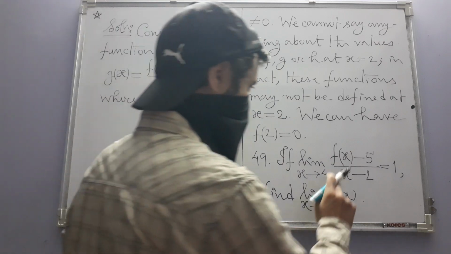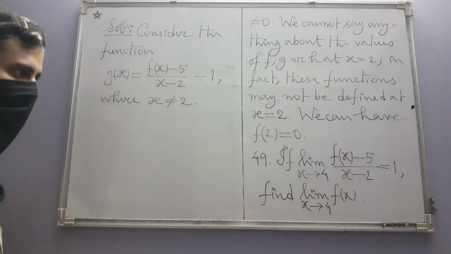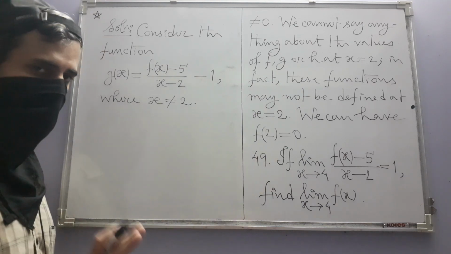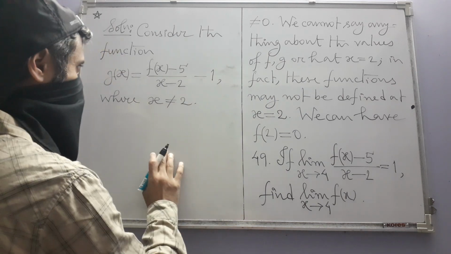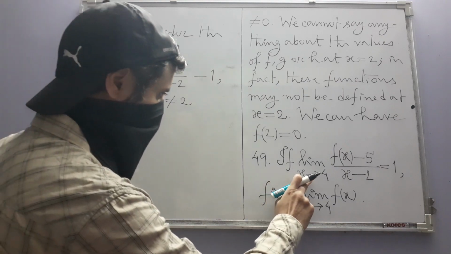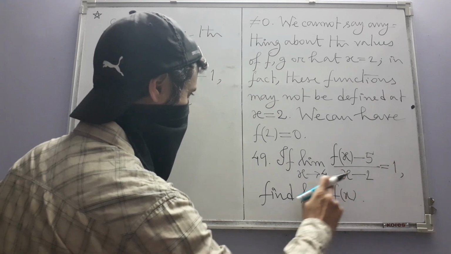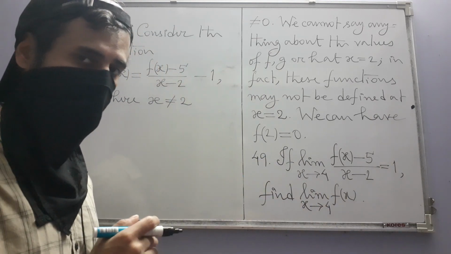Now the original function f may not be defined at 4, because we are just simply talking about the limit, right? Nothing is said about that here. So we have to include that also, because this limit being equal to 1 has nothing to do with the value f of 4, which may not even exist.